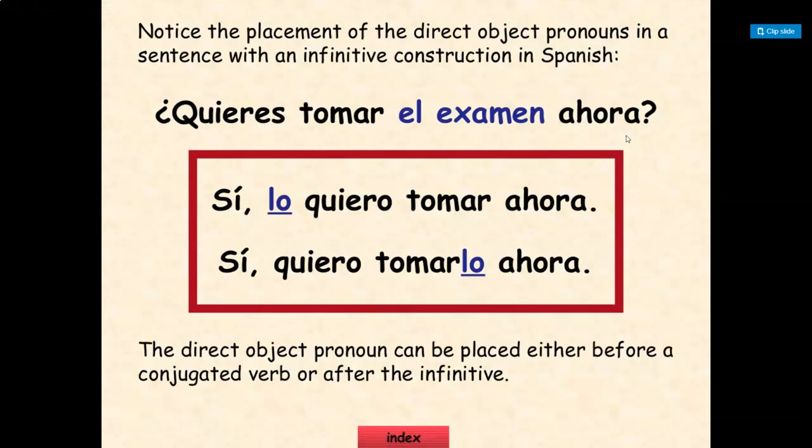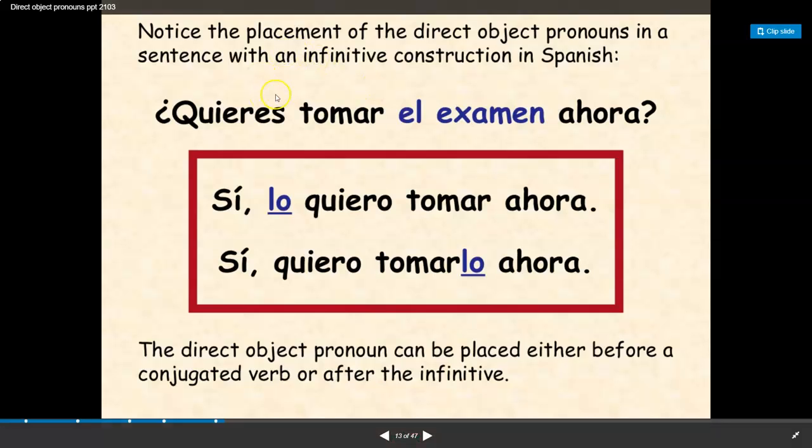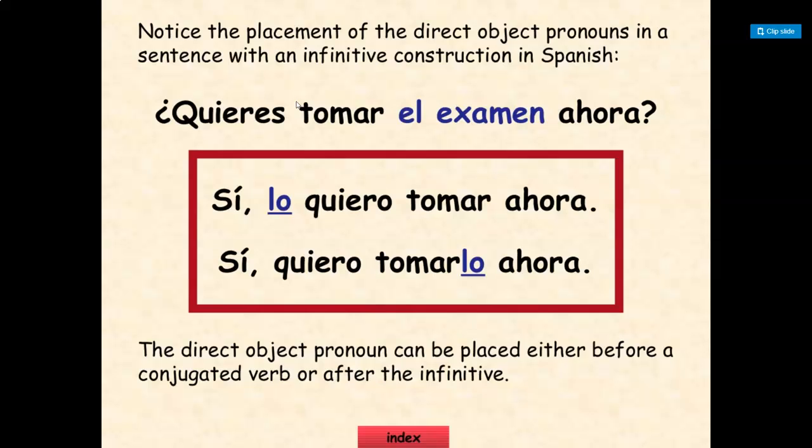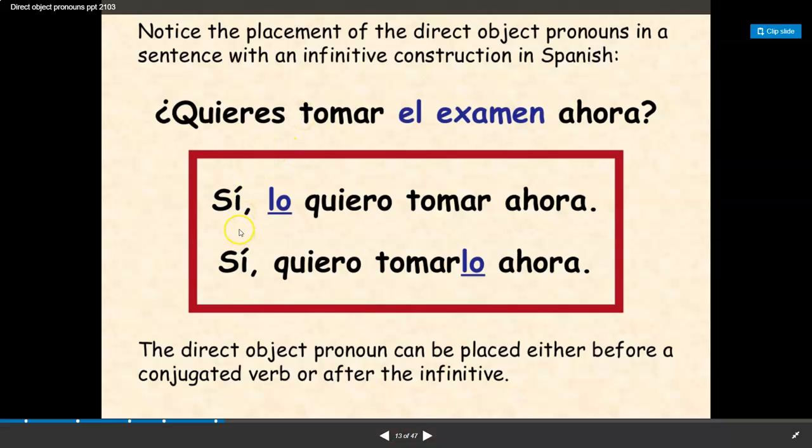Because I have an infinitive, which is a non-conjugated verb, tomar, in my sentence, now I can have two options for writing my sentence. I can say, sí, lo quiero tomar ahora. Yes, I want to take it now. Or my favorite way, you can just attach it to the infinitive.